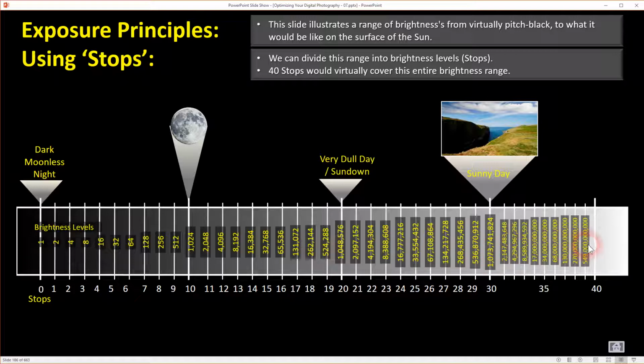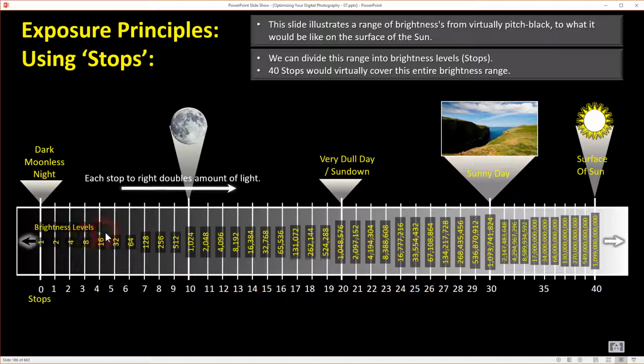We're talking about 1,000,000,000 times as bright. We can continue on just for fun, I suppose, to the surface of the sun. So if you stood on the surface of the sun, it would be that kind of brightness. Okay, 40 stops. And of course we can continue on the range, darker and darker still and brighter still that way.